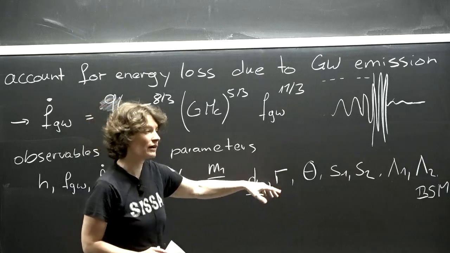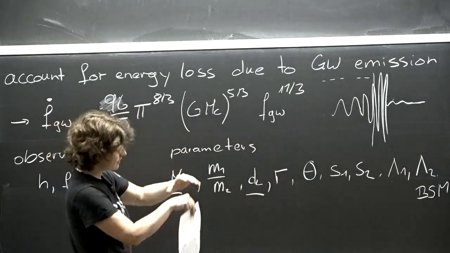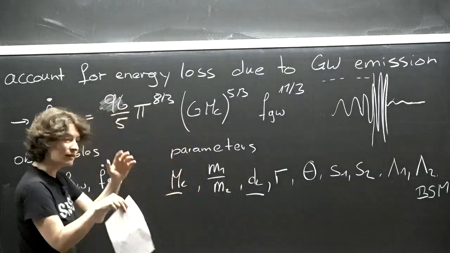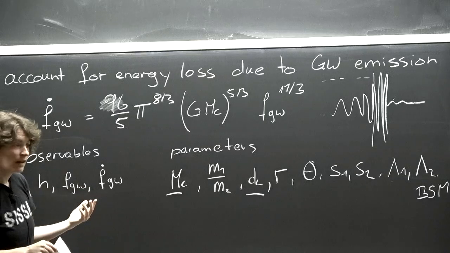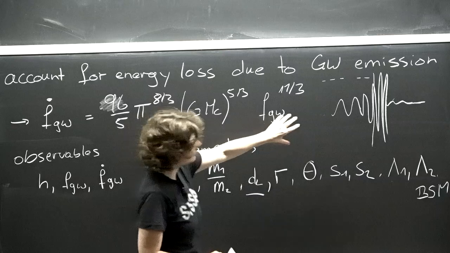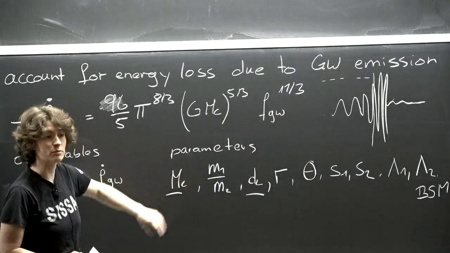Depending on how well they see the merger, how close it is, some of these posteriors are very large, and you may say, well, you didn't learn that much. But then you make a lot of measurements, you gain statistics, and you do start to understand. So from doing the full analysis and not just the Newtonian approximation, we can access all of these parameters.